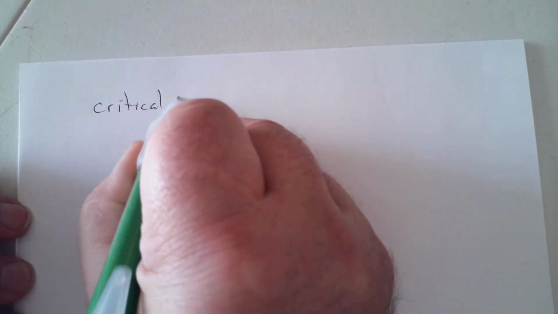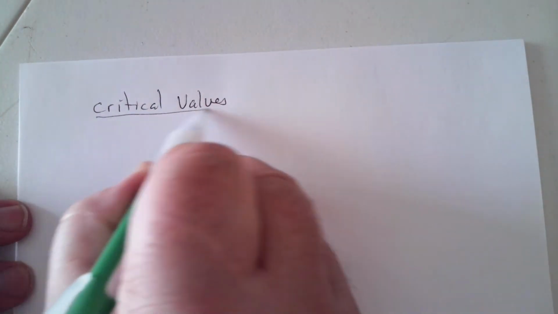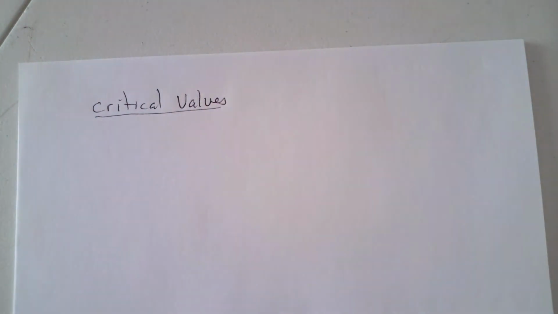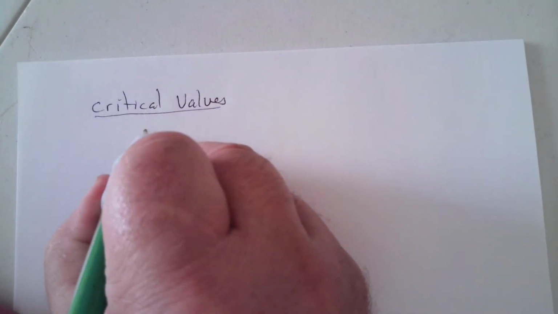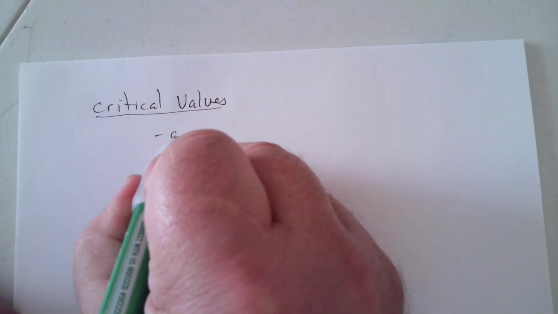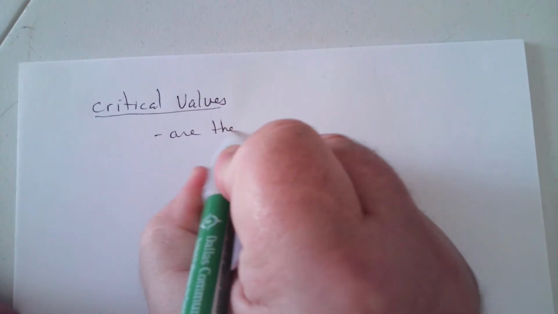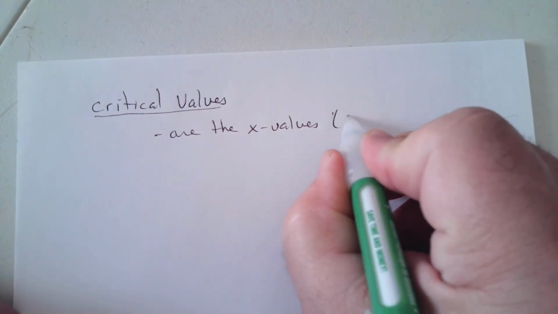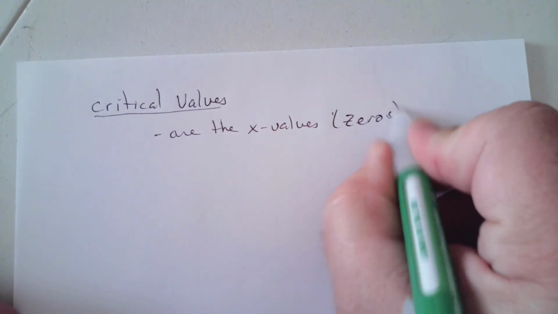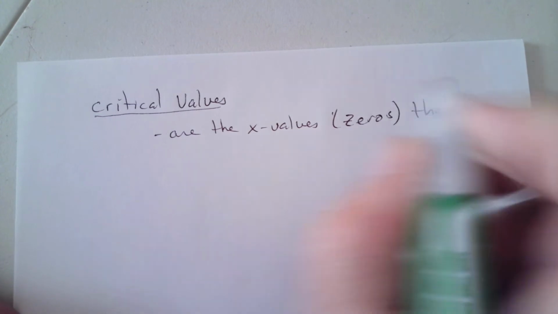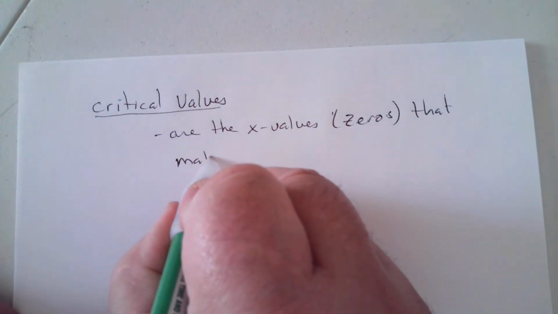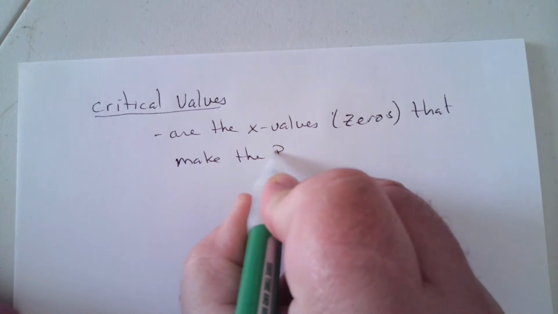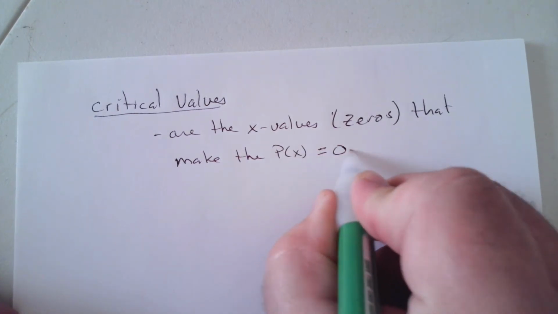These numbers are called critical values. In polynomials, the critical values are the x values, we call them the zeros, that make the polynomial equal to 0.